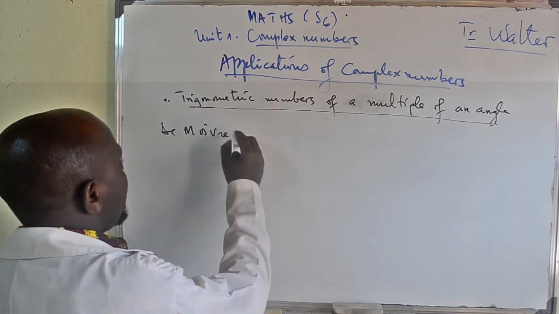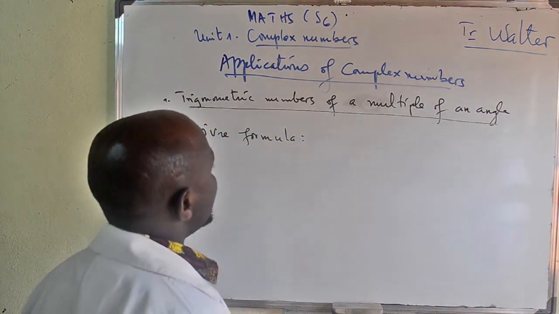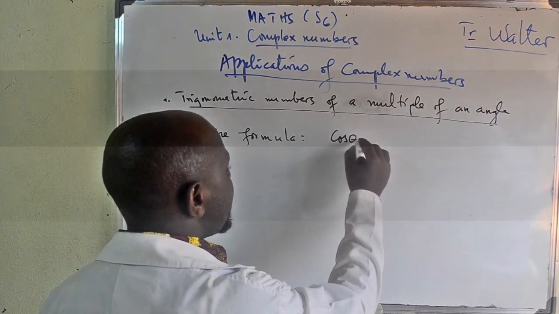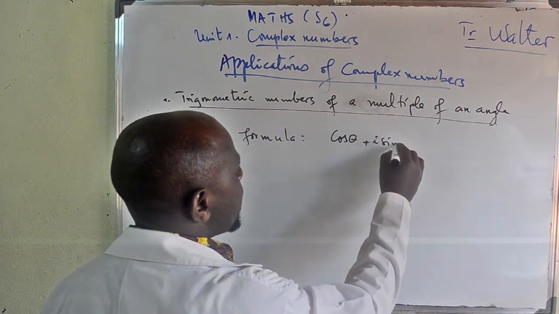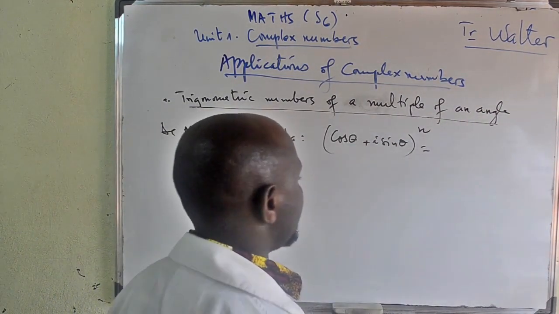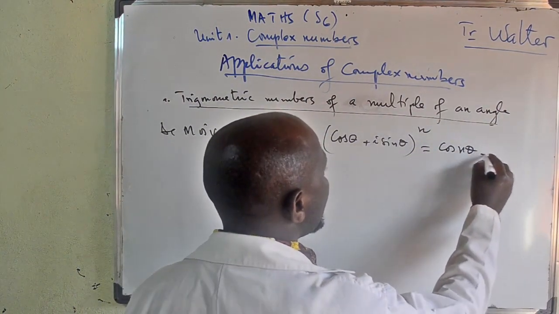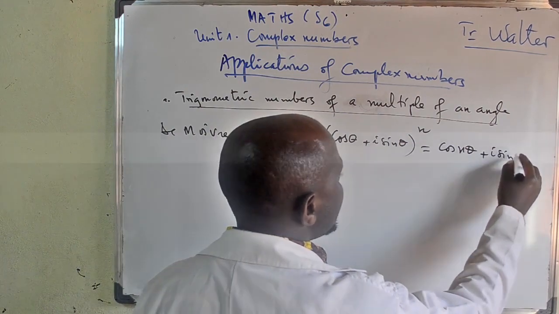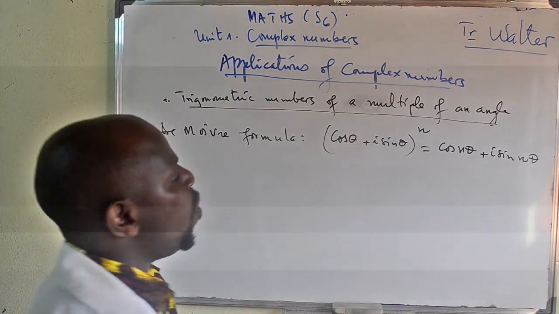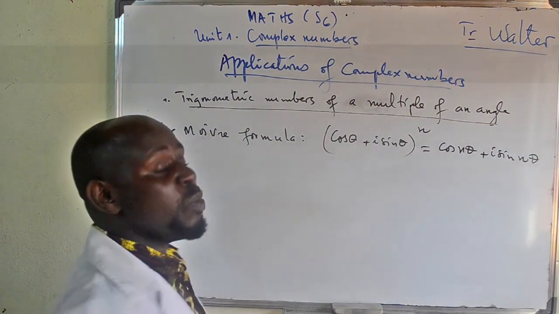It was saying that if we have (cos theta plus i sin theta) all to the power n, some of you remember it, this was equal to cosine n theta plus i sin n theta, ladies and gentlemen. This is the De Moivre's formula, and it was when r equals 1. That's why it remained like that.